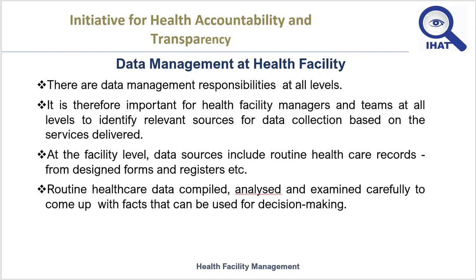At the facility level, data sources include routine healthcare records from designed forms and registers. Routine healthcare data is compiled, analyzed, and examined carefully to come up with facts that can be used for decision making at the facility and also at the community.